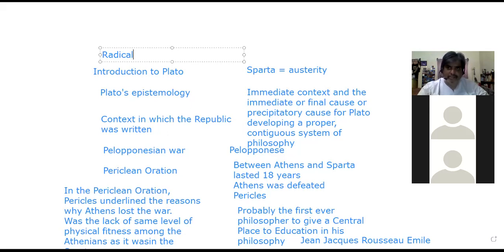Do you know the origin of Naxalite? Anyone? Yes, sir. It came from the Naxalbari movement. Actually, the movement started in a place called Naxalbari in West Bengal.